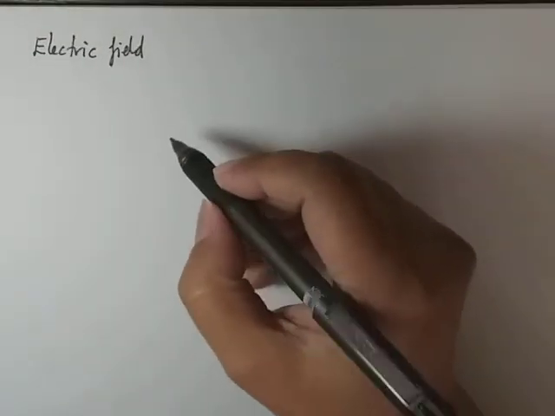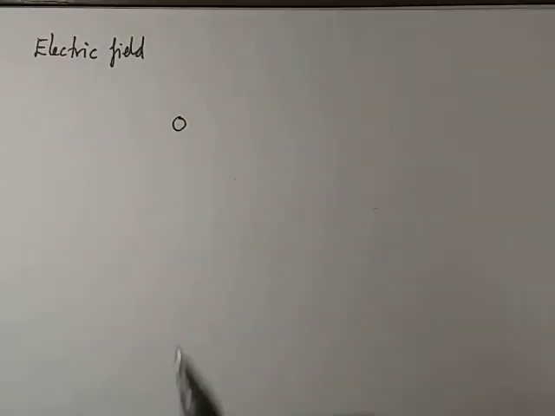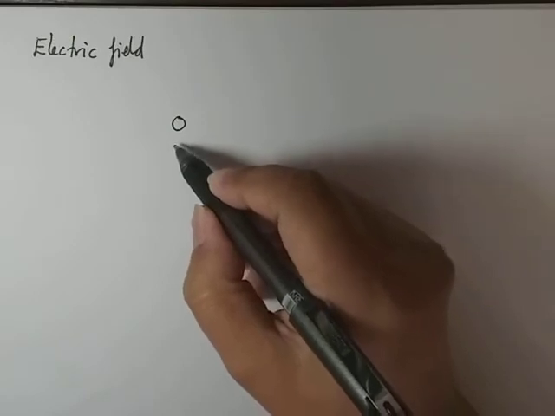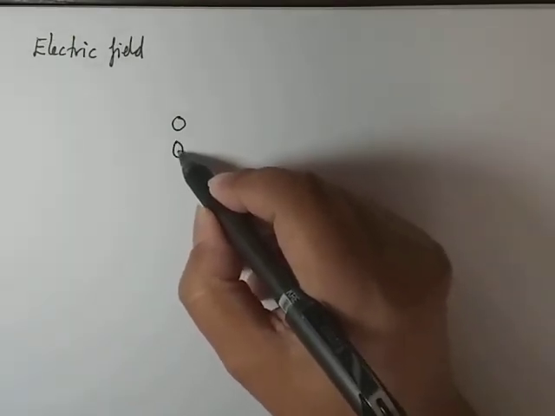Meaning what? Meaning now we have the simplest source of electrostatic field, which in our case here is a stationary point charge. That should be what we have now. Okay, and we denote this point charge as carrying magnitude Q coulombs.